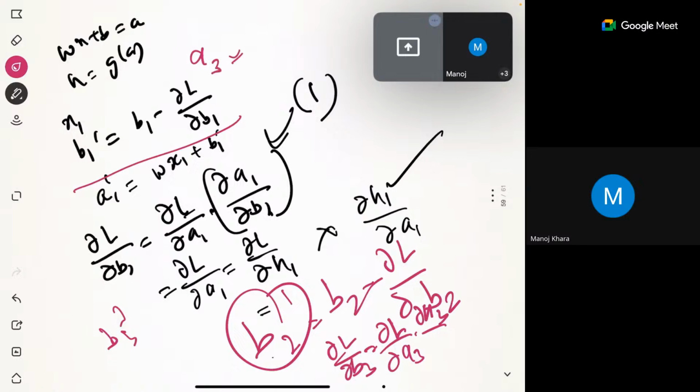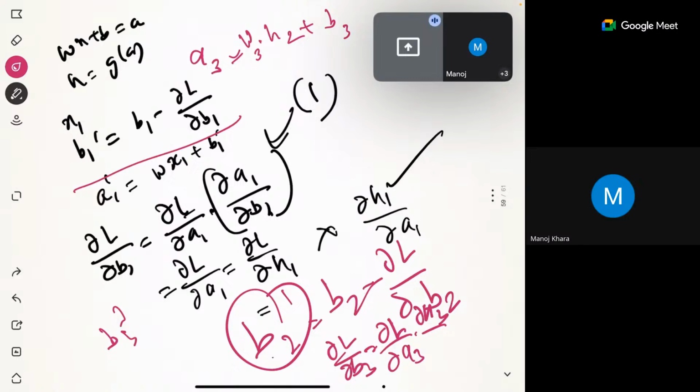So what A3 is for me is I already have H2. A3 is dependent on H2, and W3 transpose, which is W3 into H2 plus B3. That's a simple formula. And here I know H2 prime, because whatever the H2, it's not H2 prime, it's the same as H2.